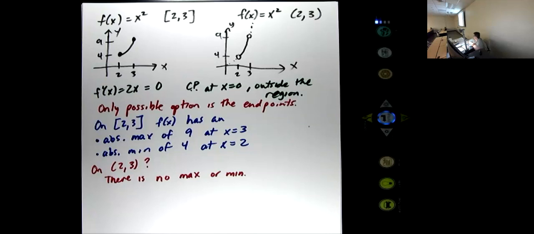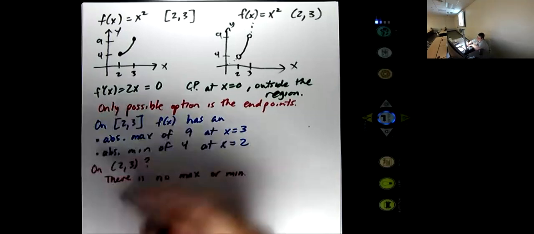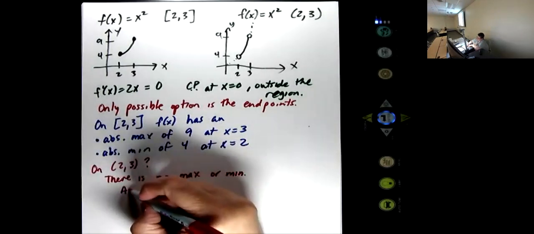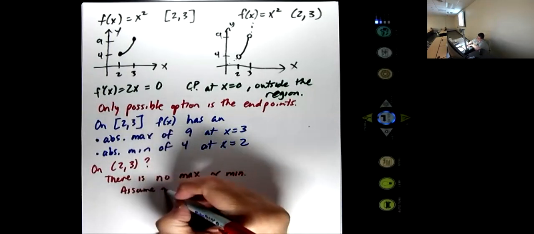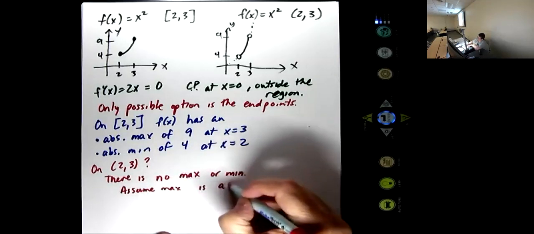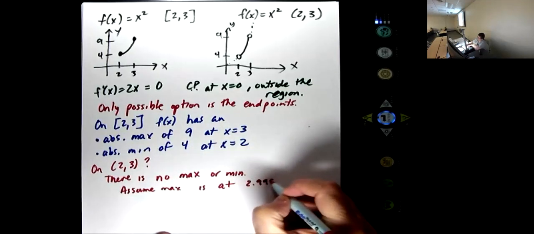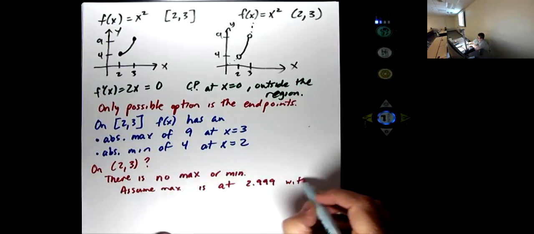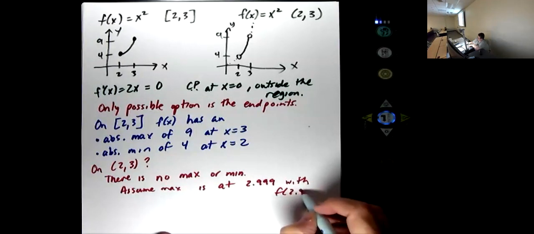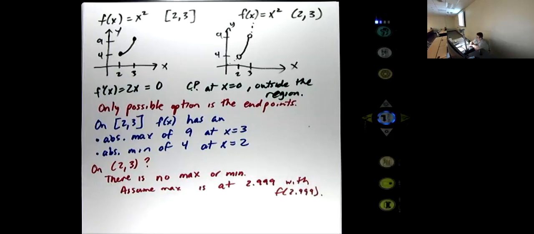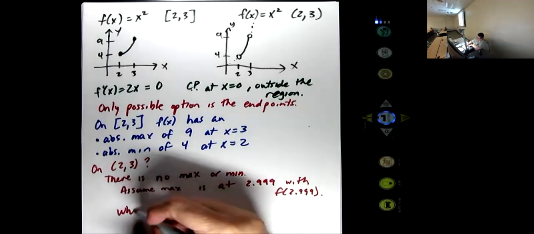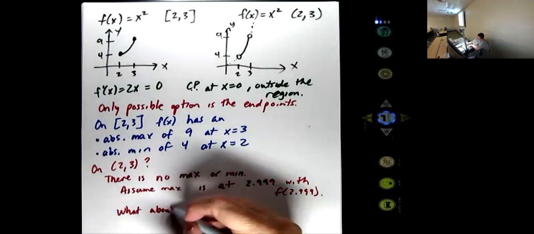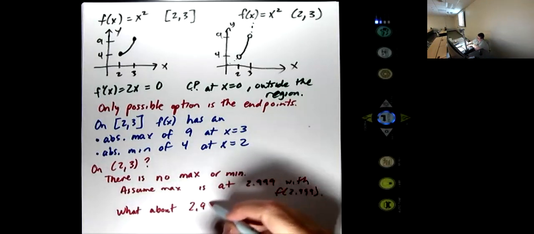Here's a good way of saying it. Let's assume the max is at maybe 2.999, with f of 2.999 being the max. What about 2.9991?